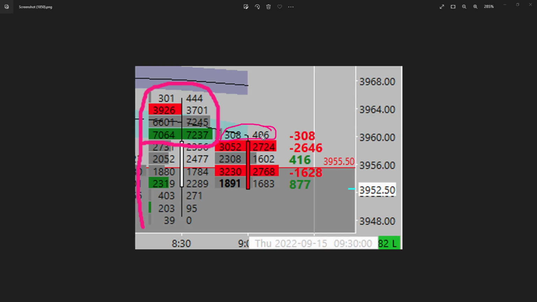Look at this, 400 contracts compared to, look over here, 7,000, 6,000, 3,900, almost 4,000. We're seeing the same exhaustion we saw up here, right here. And we start to, I don't want to say crater because it's only about 8 points, but you get the point. Using the footprint, we could dissect each candle and be able to play these little moves if that is your trading style.